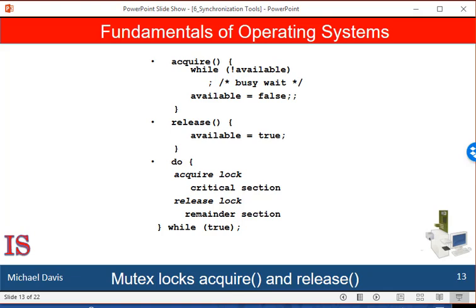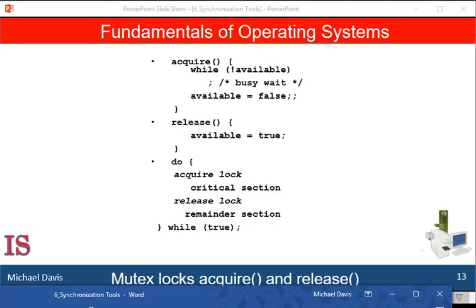That is, a process must acquire the lock before entering a critical section. It releases the lock when it exits the critical section. The acquire function acquires the lock and the release function releases the lock as shown at the top of this slide. A Mutex lock has a Boolean value whose value indicates if the lock is available or not.